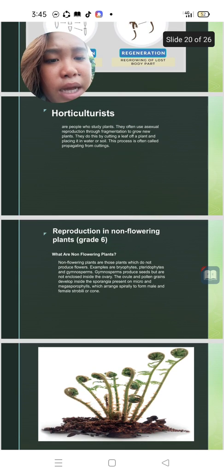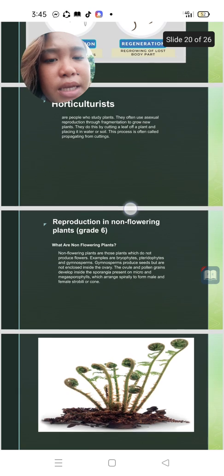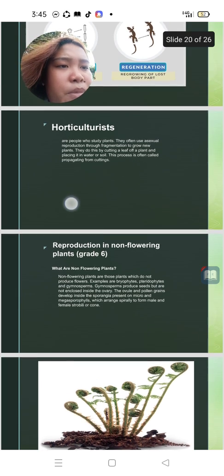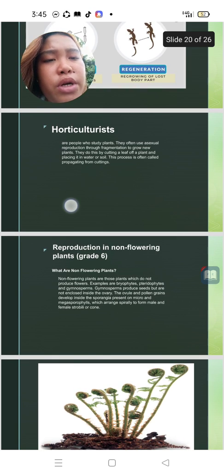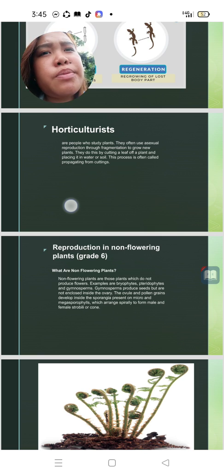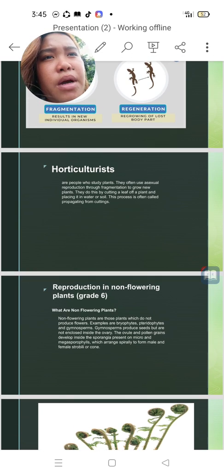They do this by cutting a leaf of a plant and placing it in water or soil. This process is called propagating from cuttings. So horticulturists, guys, are the caretakers, the experts on plants. They are the ones who take care of them, so they are called horticulturists.